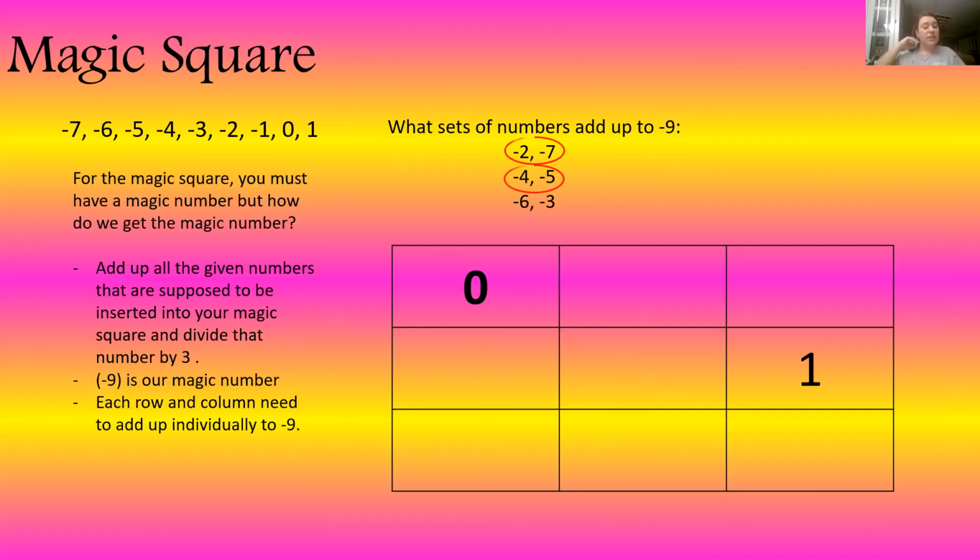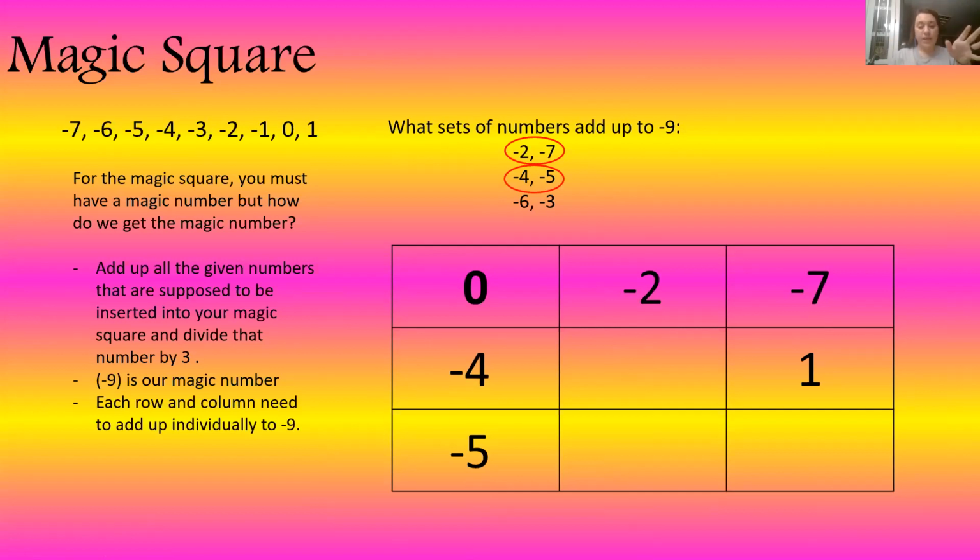You just take any of those and decide where to place them, because the magic square is more of a trial and error, especially when they only give you two places that are completely separate from each other. So you have a 0 here and a 1 over here. You can place your -2 and your -7 with your 0, where your -7 is above the 1, and then you can place your -4 and -5 vertically with your 0.